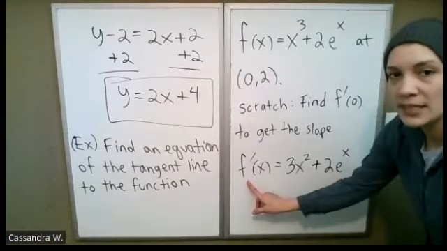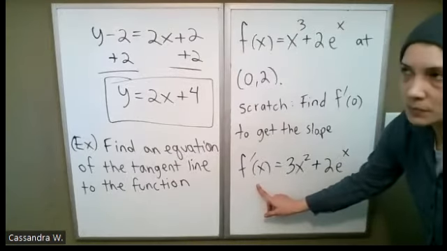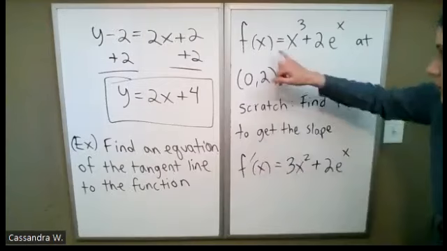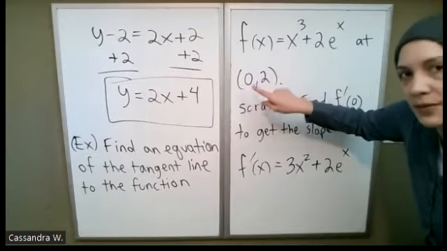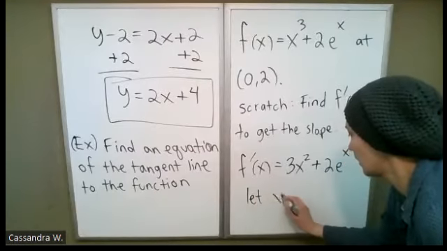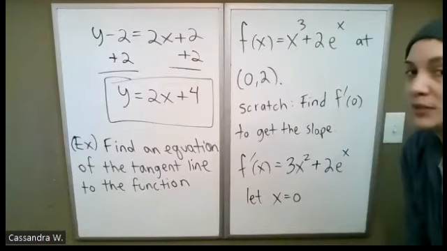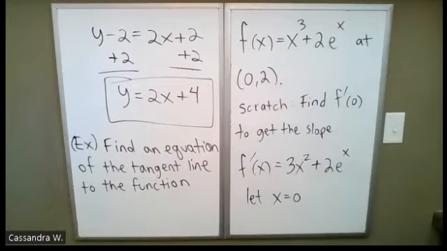So f prime of x gives all of your slopes of your tangent lines at any of your points for this function. But we want to go right to that point, so we want x equals 0, and we'll get the slope of the tangent line at that point, 0, 2.